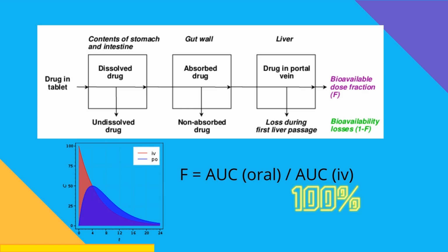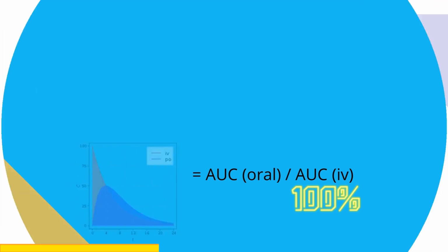For example, in the first stage when the drug is in the stomach, there's some percentage of undissolved drug, and also some percentage of non-absorbed drug. And last but not least, some drug is lost during first pass metabolism in the liver before it can reach the systemic circulation.